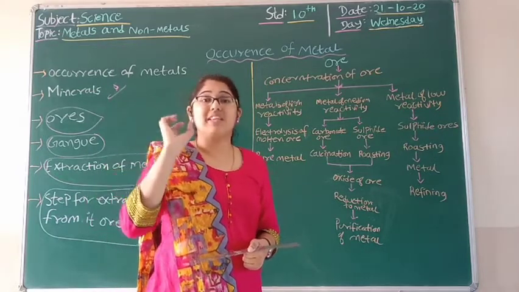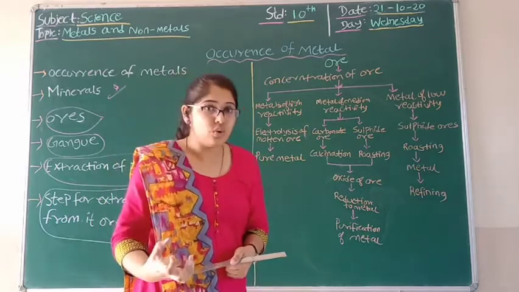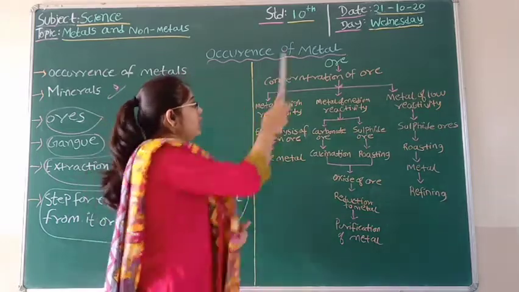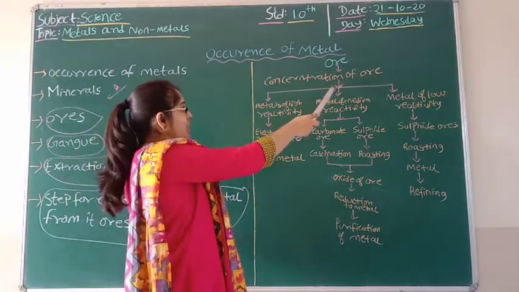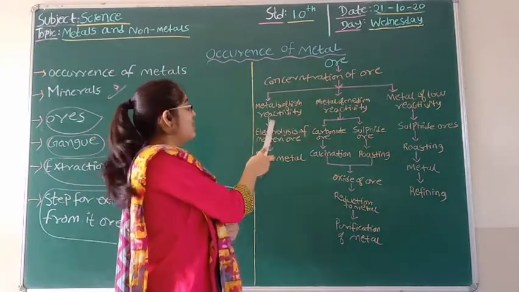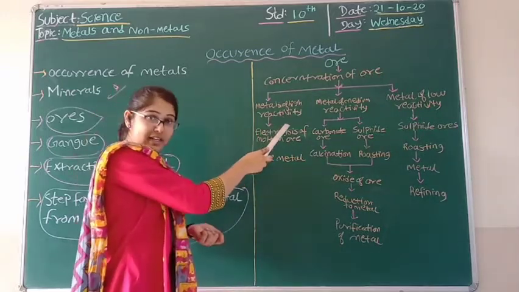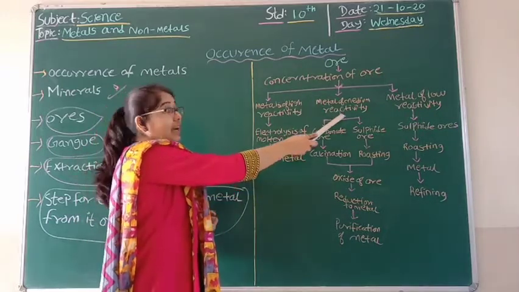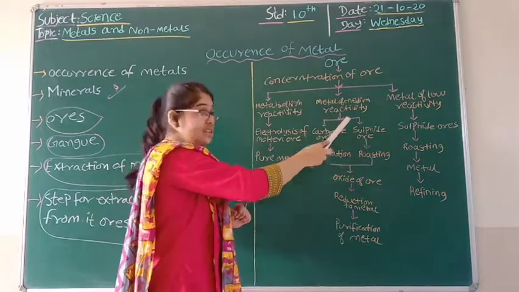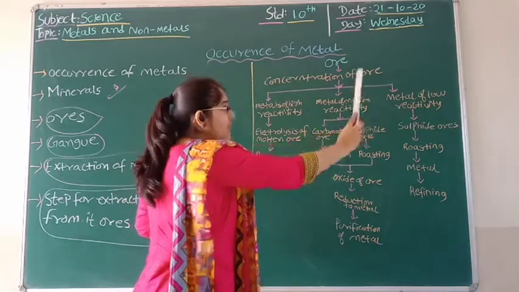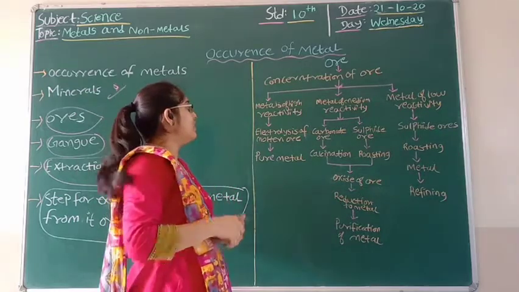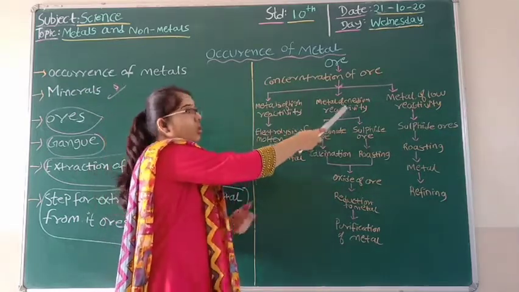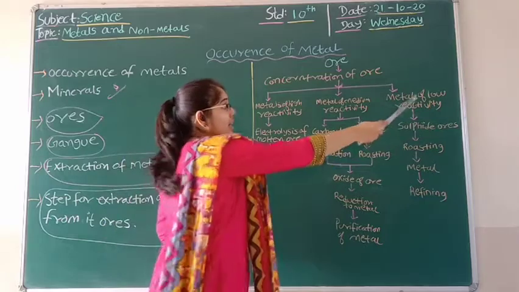What we need is the ore, and ore is nothing but the metal. We know that the concentration of ore is of three types: metal at high reactivity, metal at low reactivity, and the very last, metal at medium reactivity. So we have seen three according to the reactivity series: high reactivity, medium or moderate reactivity, and low reactivity.